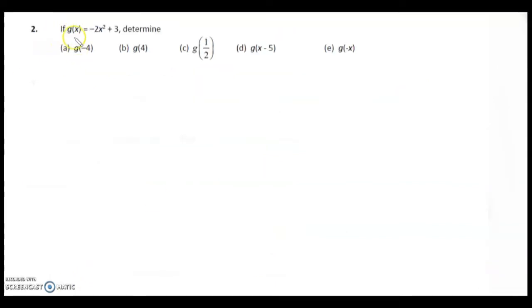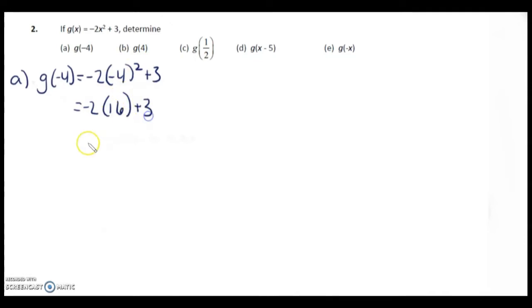Okay, number 2, if g at x equals -2x squared plus 3, determine A, g at -4, that's going to be -2. We sub in -4 squared plus 3. I always bracket, like say the -4, because -4 squared is going to be positive 16. Okay, so I get -32 plus 3, I get -29.